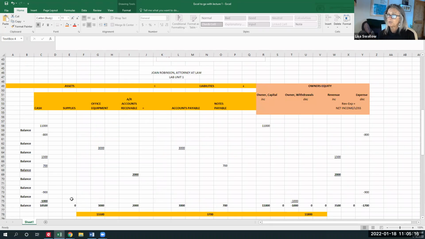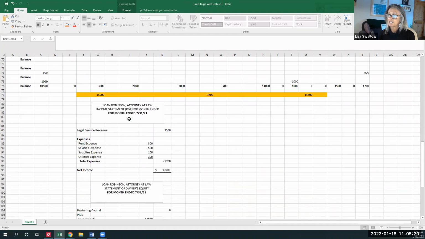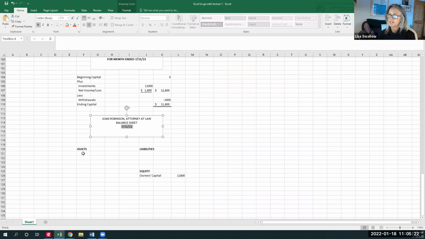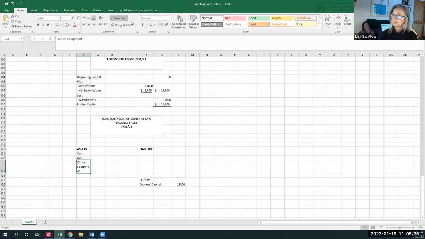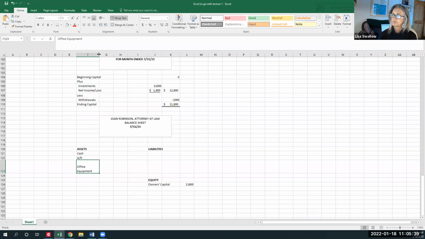Okay, so we've got 3 assets, right? Cash, office equipment, and accounts receivable. So let's list those under assets. Cash, accounts receivable, and office equipment. Okay, move this over a little bit in the minor column.